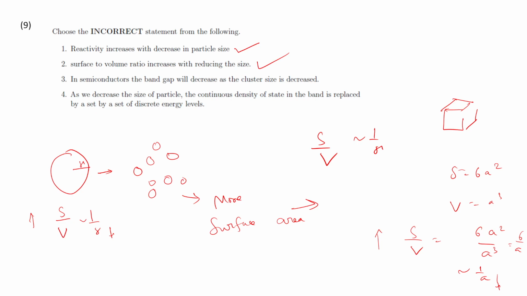In the semiconductor, the band gap will decrease as the cluster size is decreased. We saw this problem in the one-dimensional box, where E is nothing but h square pi square n square over 2mL square. As the cluster size is decreased, we are decreasing L. So on decreasing L, E should increase.